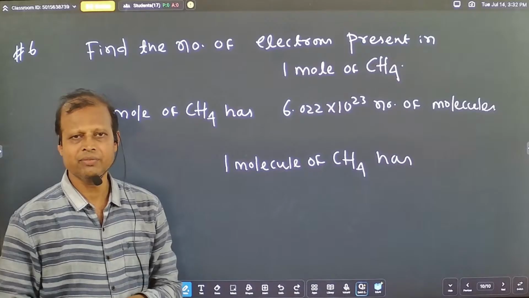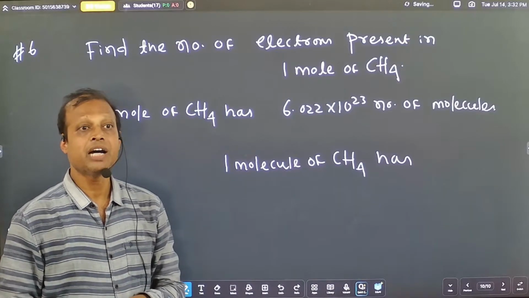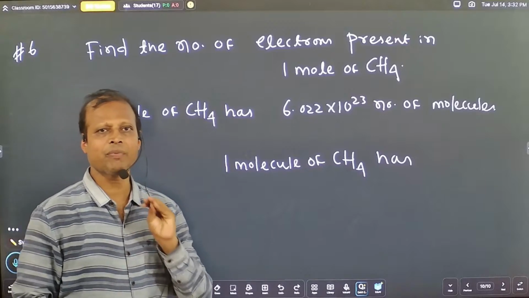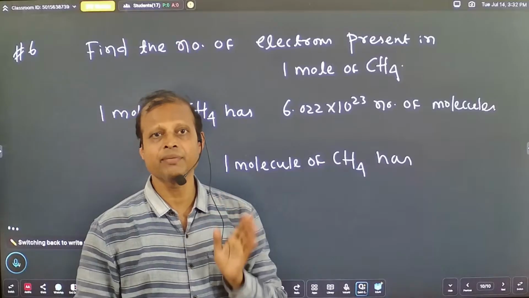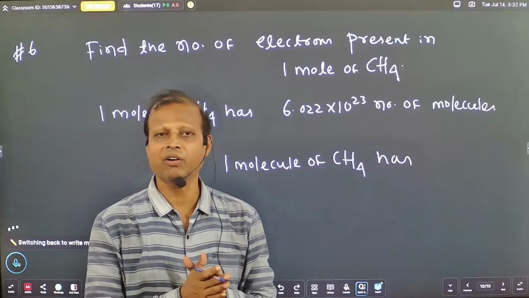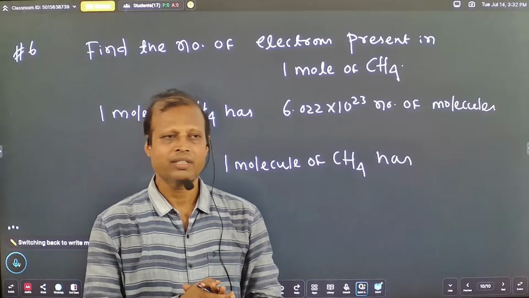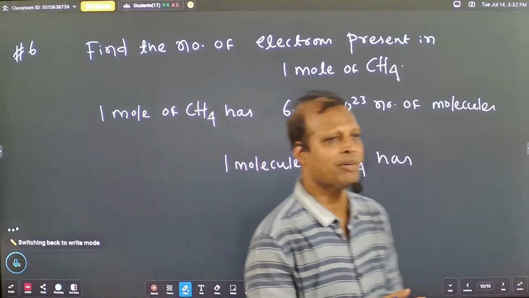So what is the atomic number of carbon? Atomic number, not mass. Because how to get the number of electrons? The atomic number gives us an idea about the number of electrons present in an atom of the element. So the atomic number of carbon is 6.